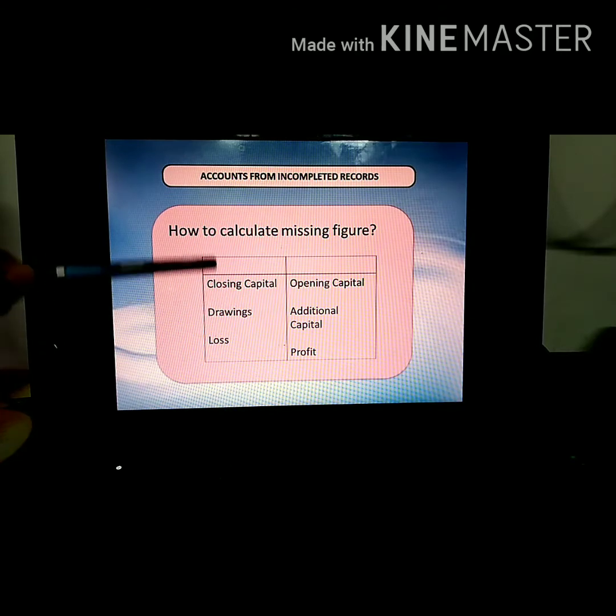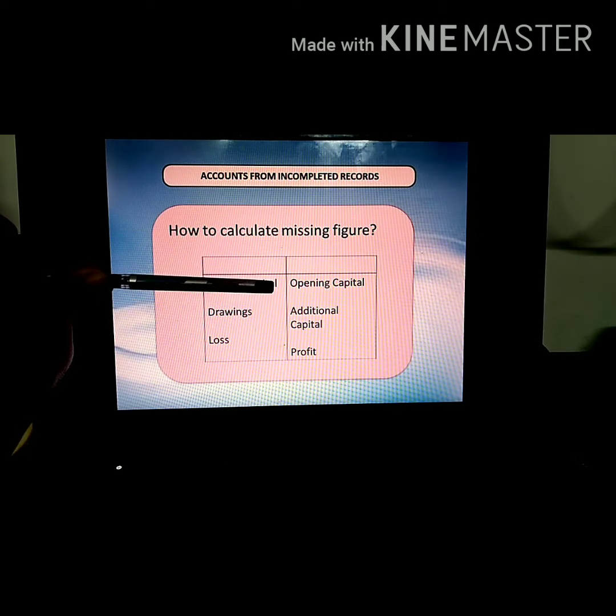Closing capital, drawing, loss form one side. Opening capital, additional capital, profit form the other side. For example, if closing capital is missing, we add drawing, loss, opening capital, additional capital.